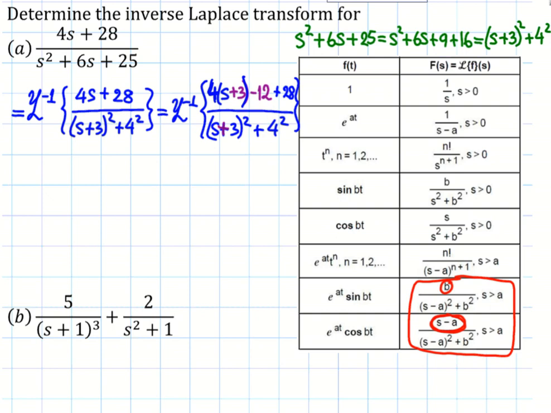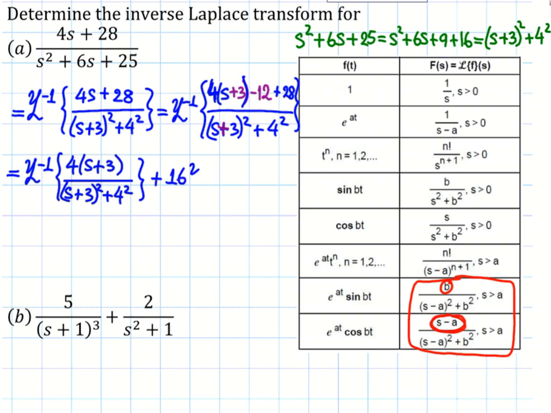And then we can split the inverse transform: 4 times (s plus 3) over (s plus 3) squared plus 4 squared. We can combine negative 12 plus 28, that is 16.